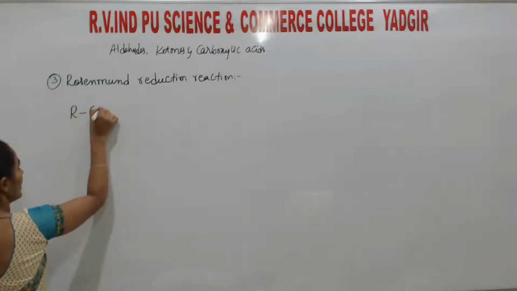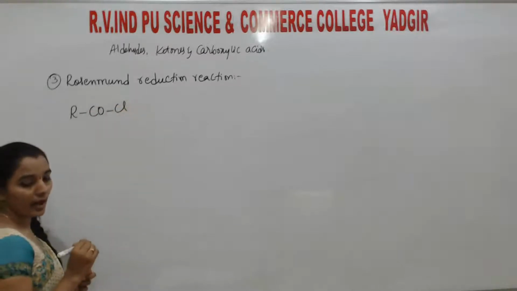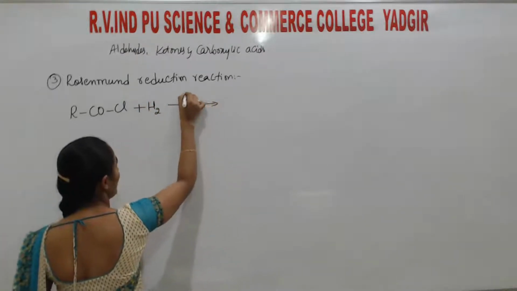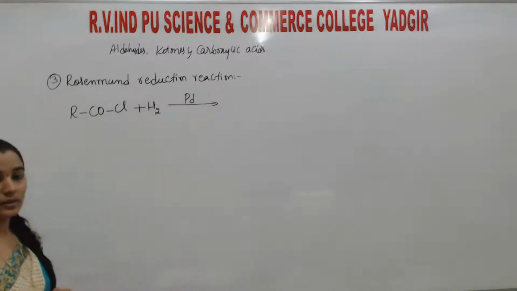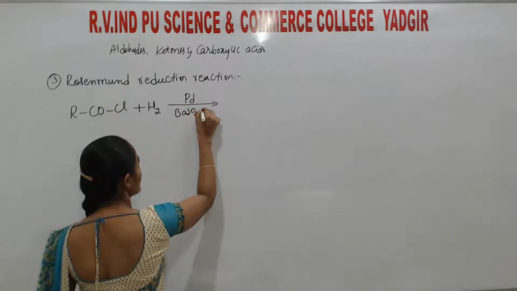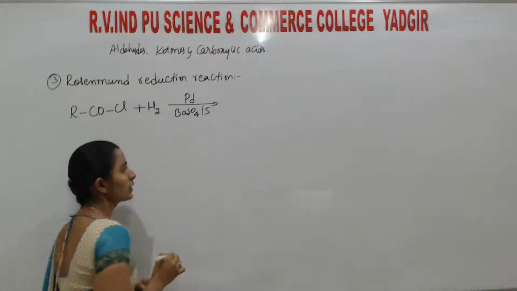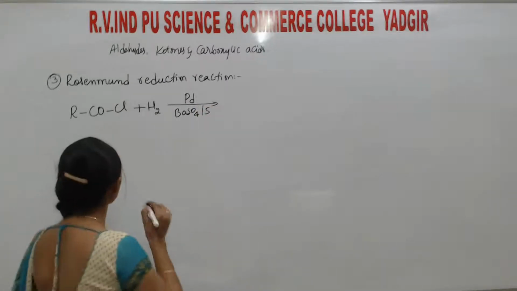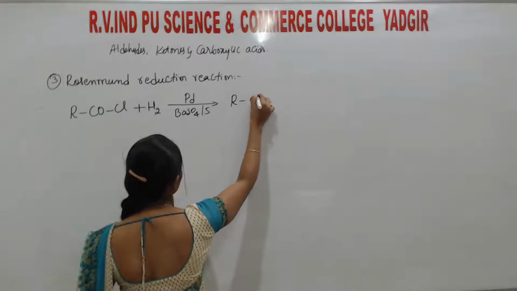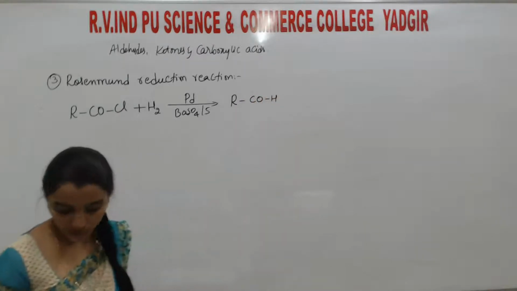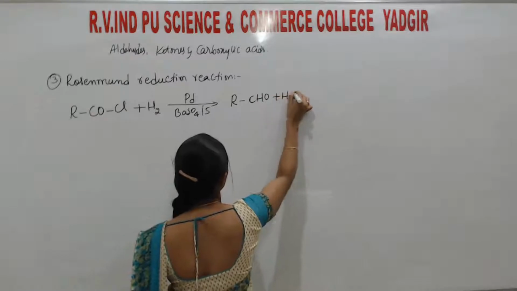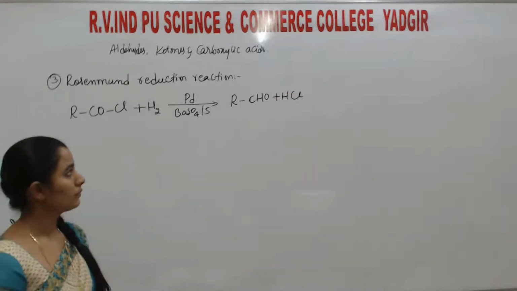Acid chlorides undergo reduction in presence of palladium as a catalyst and BaSO4, especially sulfur, as a catalytic poison. So what is formed? RCHO plus HCl.